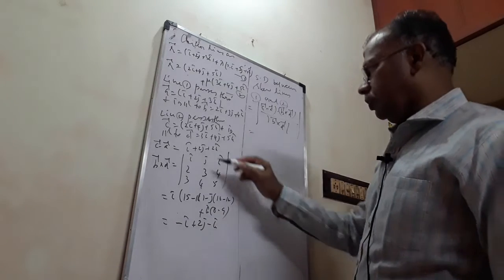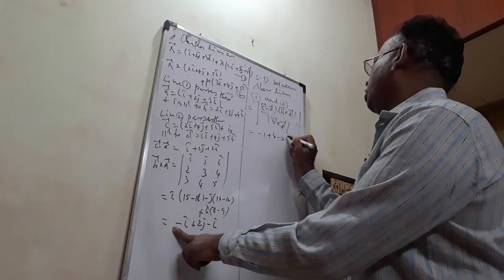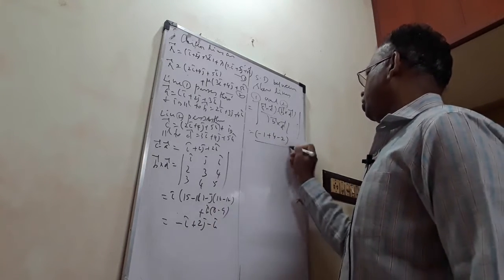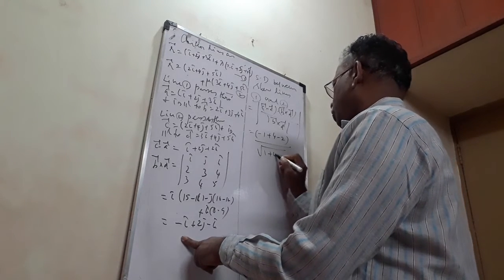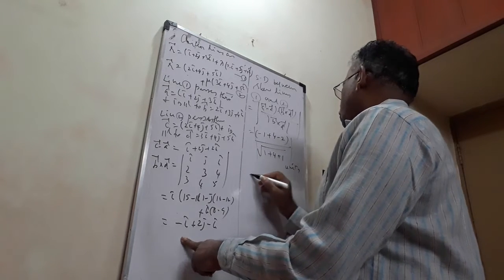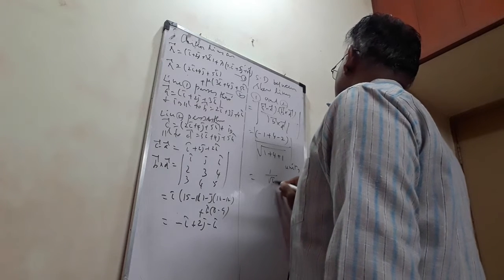C minus A dot this gives you minus 1 plus 4 minus 2, divided by root of 1 plus 4 plus 1. What do I get? 1 by root 6 units.